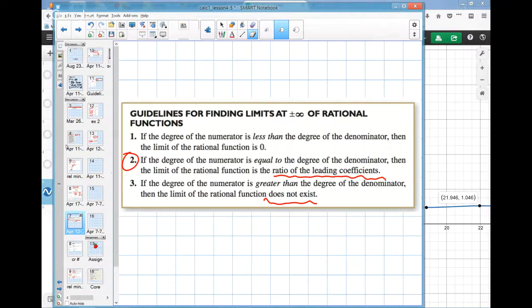If the degree of the top is bigger than the bottom, then it's going to go to infinity. Watch out, either positive or negative, depending on the expression. And the middle one, if the 2 degrees are equal, then this rational expression will go to the ratio of the leading coefficients. That turns out to be pretty easy to use, not a lot of writing, and a refreshingly shorter assignment for you.